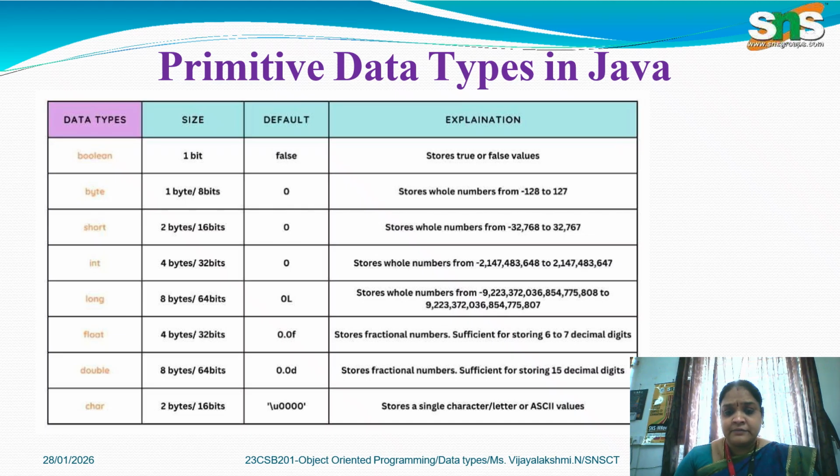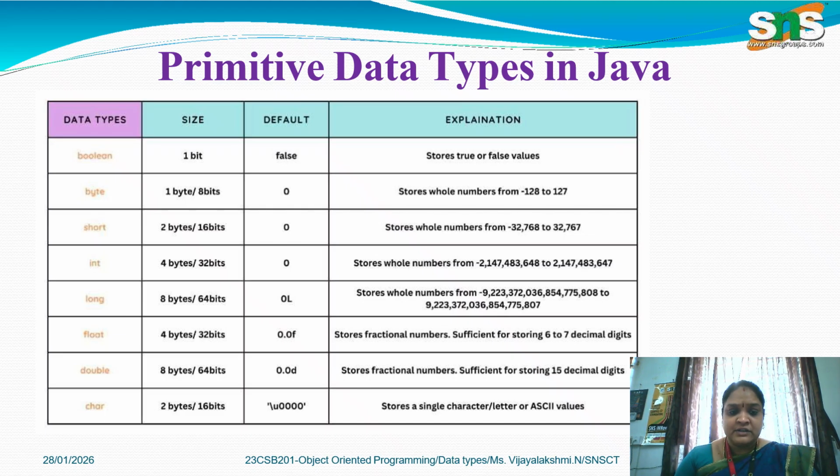The range they have mentioned is -128 to 127, and short will hold two bytes, with the range given as -32,768 to 32,767. These are all the things already defined by the compiler.